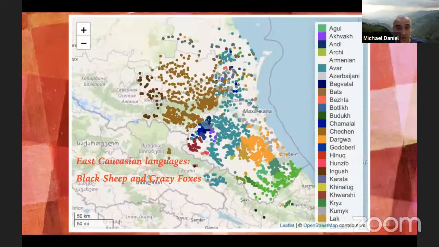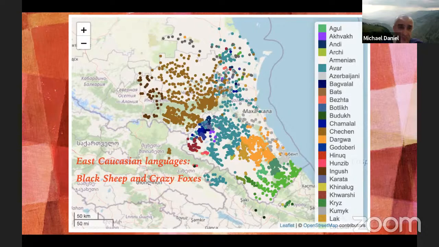Okay, so before we go to the second part, I wanted to show you this map. In the very bottom of the map, the two black dots are Udi. This is the Lezgic outlier, which does not have a clear equivalent. It does have quite a few spatial cases, but it does not have a clear equivalent of the bimorphemic spatial template as the other East Caucasian languages.